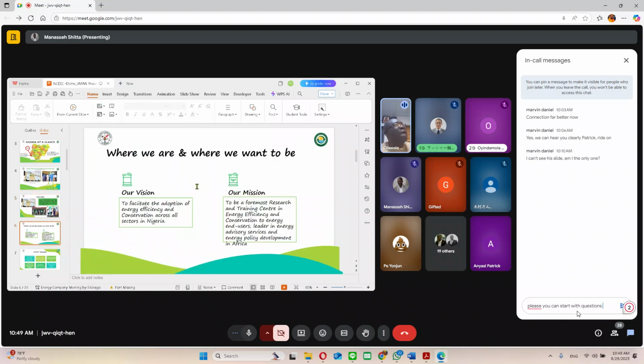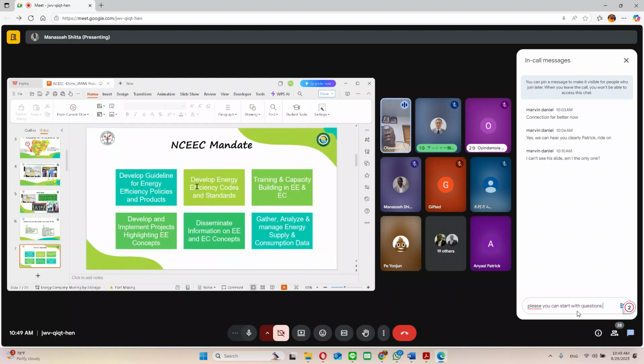So now, where we are and where we want to be. Our vision is to facilitate the adoption of energy efficiency and conservation across all sectors in Nigeria. Our mission is to be a foremost research and training center in energy efficiency and conservation for energy end users, and also to be a leader in energy advisory services and energy policy development in Africa.